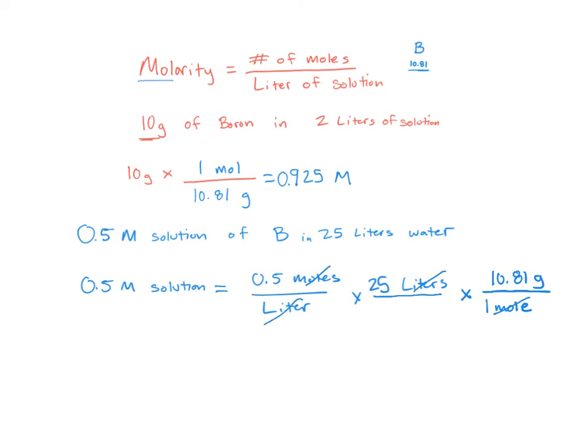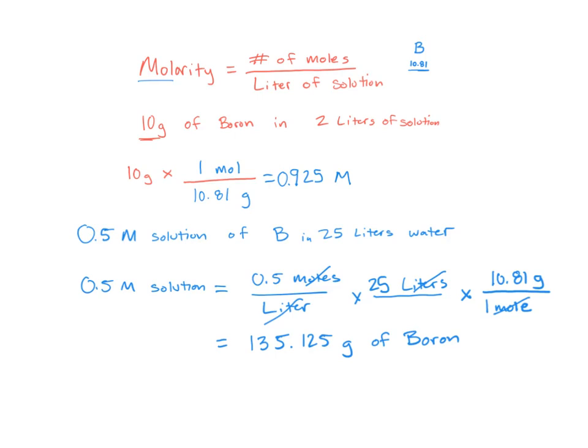So 0.5 times 25 times 10.81 gives us the number of grams in that solution. And that's going to equal 135.125 grams of boron. So there's a lot of different calculations you can do when you have this information.